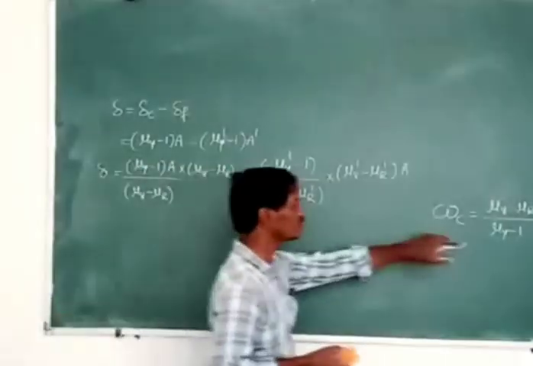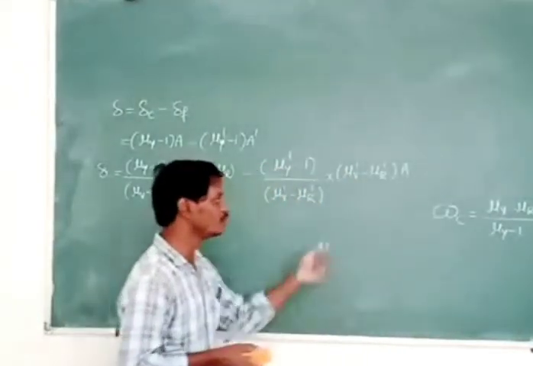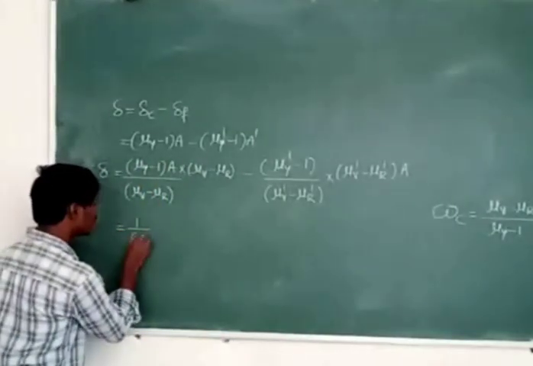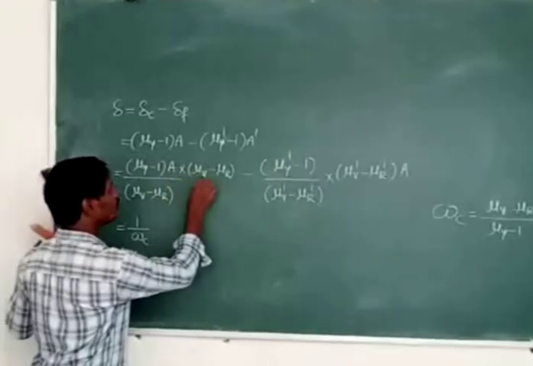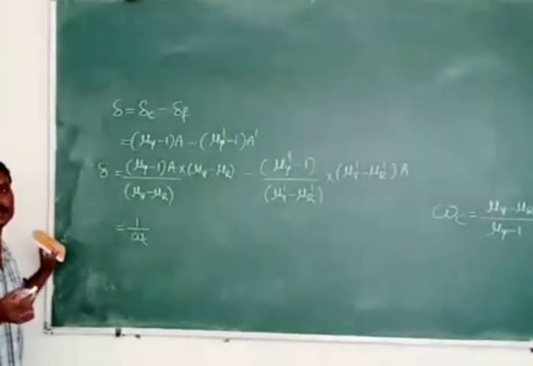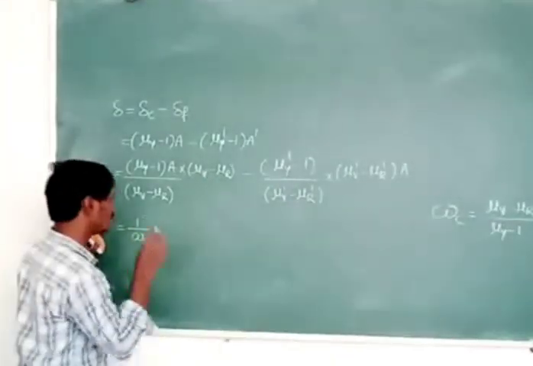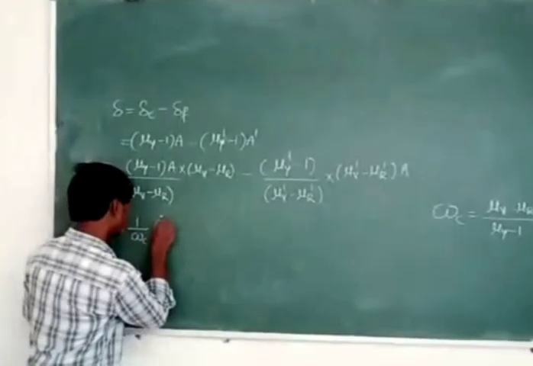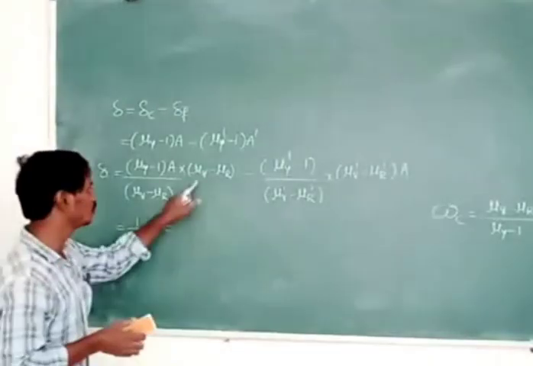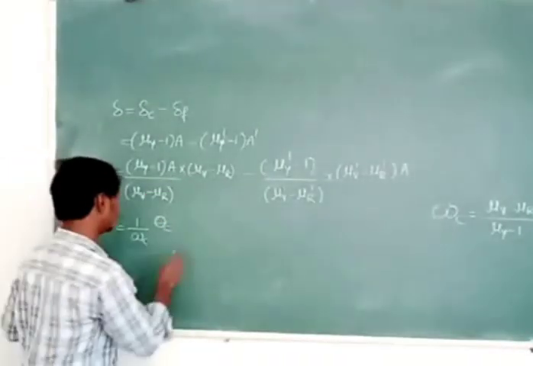Inverse case means just interchange the numerators and denominators on both sides. Then we will get 1 by omega_C. Then what is A into (mu_B − mu_R)? It is the angular dispersion due to the prism of crown glass, that is theta_C. The angular dispersion formula is already known: (mu_B − mu_R) into A.